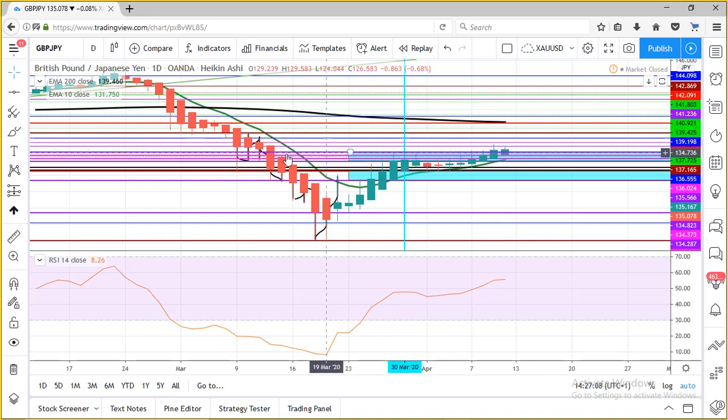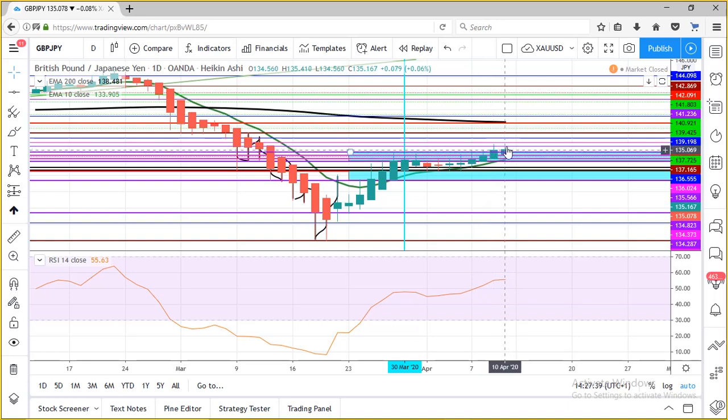This formed a very strong resistance, this particular one. So it formed a very strong resistance, that line. An attempt to break it 1, 2, 3, 4, 5. Eventually, it succeeded last week.